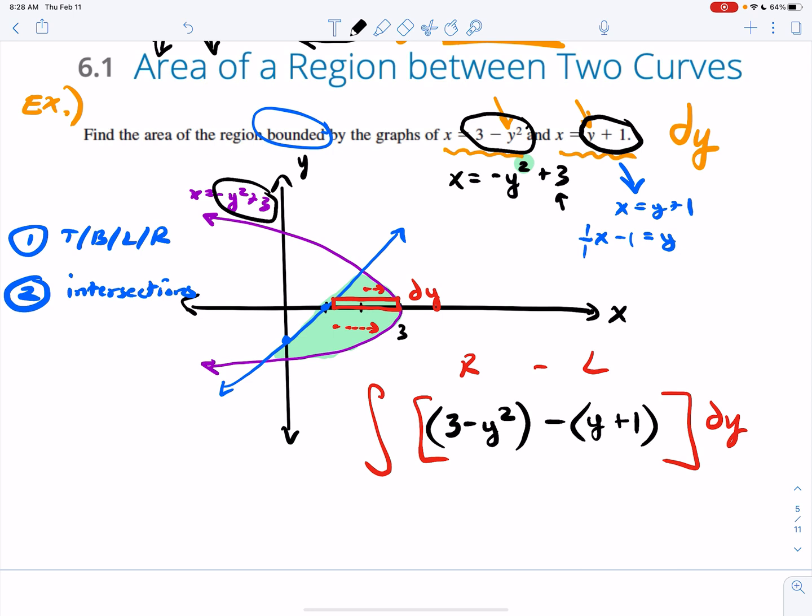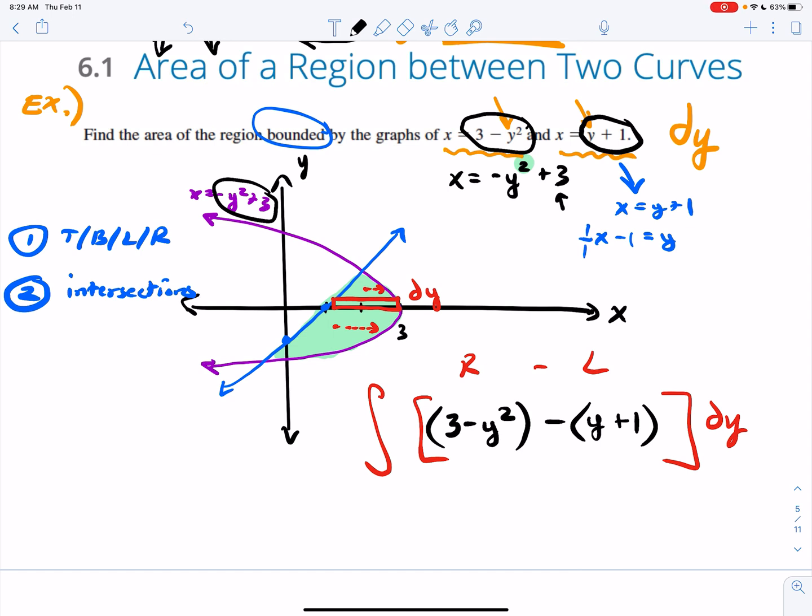Notice how I didn't use the equations in terms of x, right? So everything here is in terms of y, but that means that the bounds also need to be in terms of y. So how do you do that, right? The issue with this is it's kind of tricky doing it on a calculator, all right?